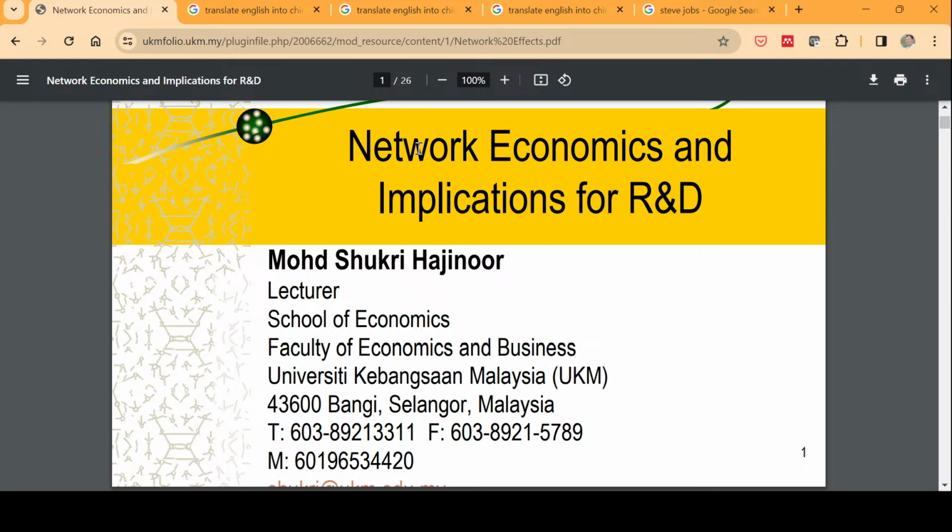So what is network economics? First, what is economics? A study of how to allocate scarce resources. And then what is network? It's got to do with nodes. Nodes are actors or agents.